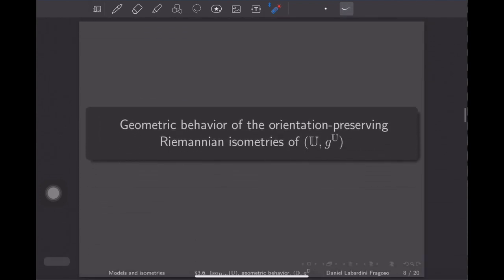Yeah, and then let us give a brief description of the geometric behavior of the orientation preserving Riemannian isometries of U, which is the same as saying to give a description of the geometric behavior on U of the Mobius transformations that preserve U bijectively.